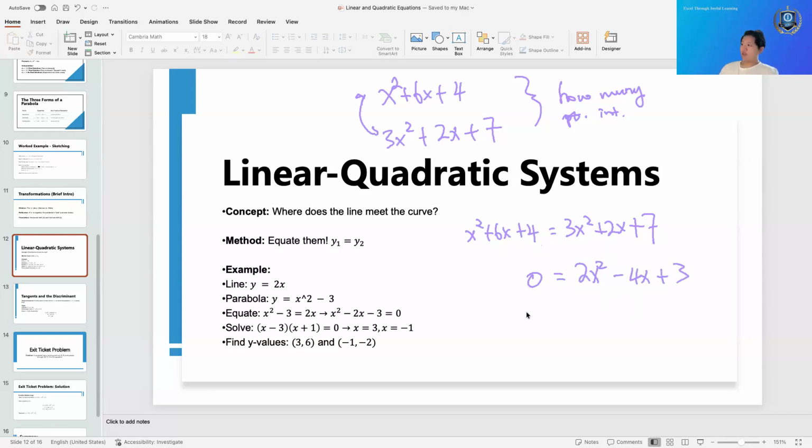The discriminant equals 16 minus 4 times 2 times 3, so 16 minus 24. This would be negative 8, which is less than 0, right? Now, the discriminant is less than 0, so what can you tell me about this?